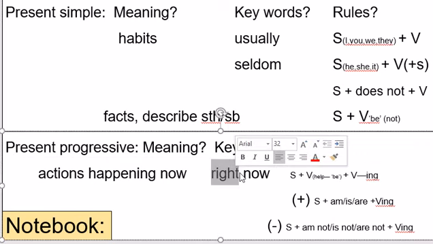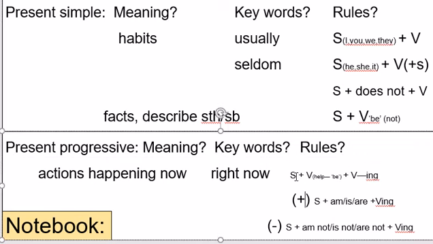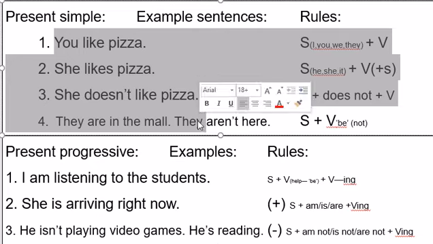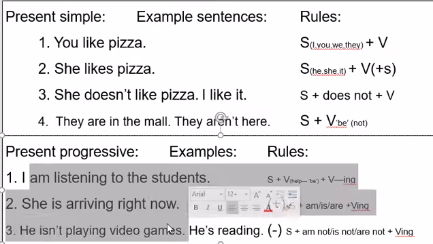Keywords, right now. And our rules are here. So this is what we did last week, okay? All right. Here are some example sentences. I want you to write your own sentence though, okay? So these are present simple, and these are present progressive. Okay, this is review.